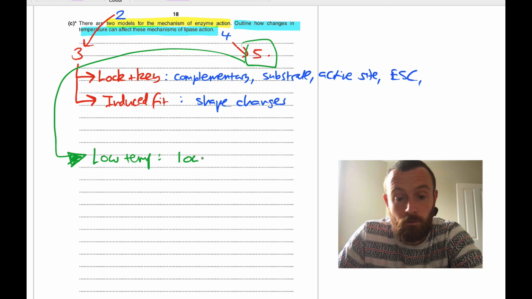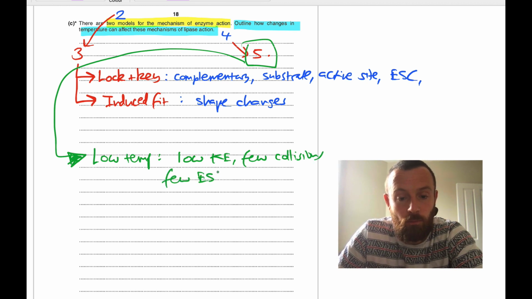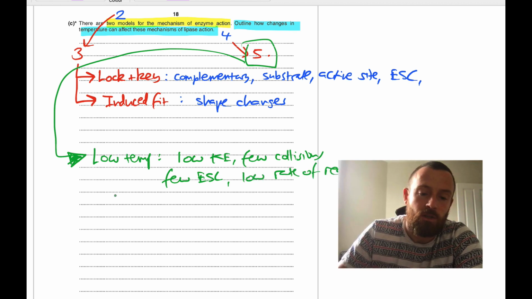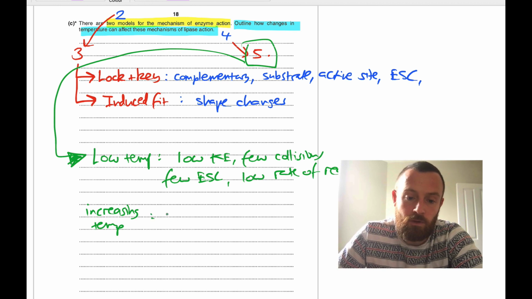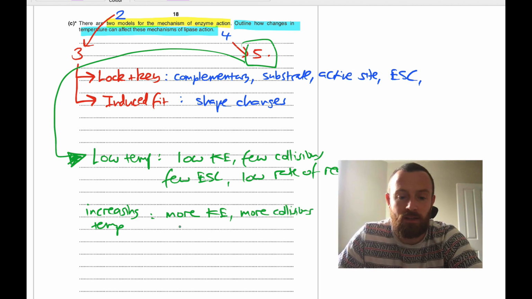So low KE, few collisions, few enzyme substrate complexes, low rate of reaction, and then increasing temp, more KE, more collisions, etc. Kind of repeat this.